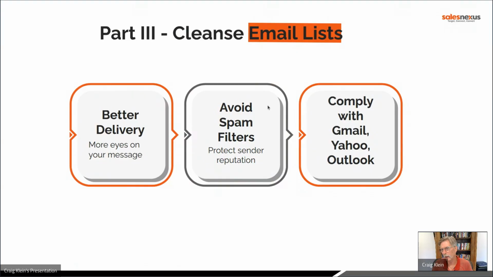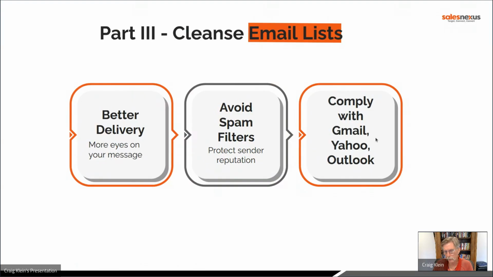It's not just identifying or removing inaccurate emails from your list. It's also removing what's called spam traps. And both of these things keep you out of the spam folder, the junk folder, right?